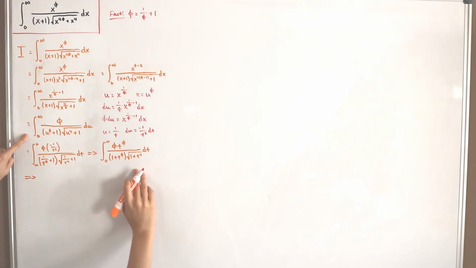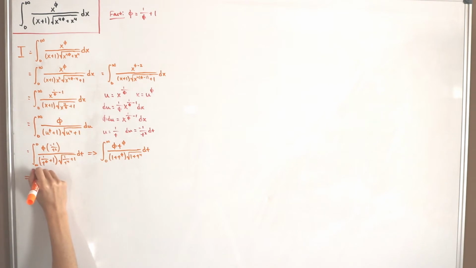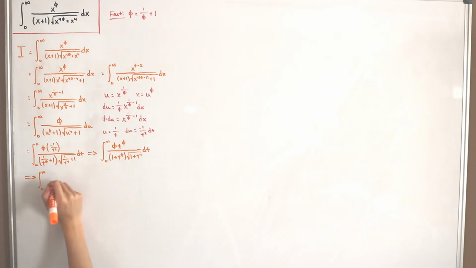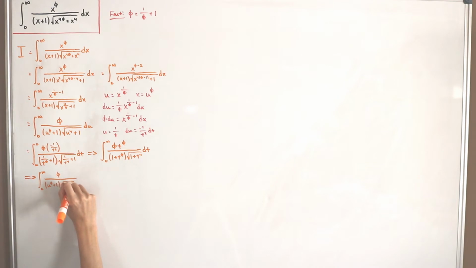We're sticking in a dummy variable and then adding the integrals together due to the fact of linearity. So we have u to the power phi and then plus 1, then the square root of u to the power 4 plus 1, du.